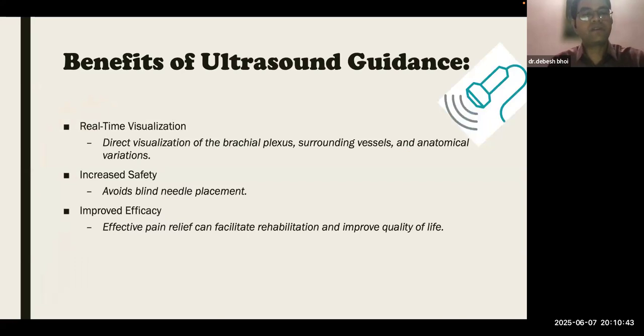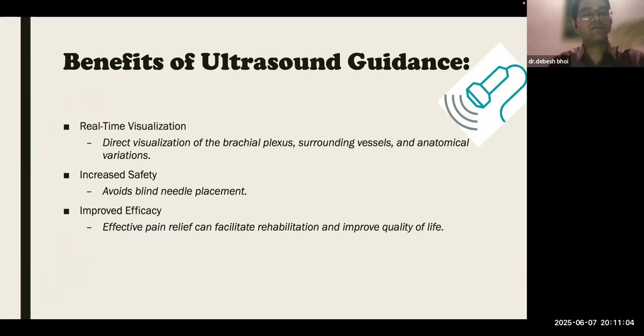So what are the benefits of ultrasound guidance? Nowadays, with the upcoming ultrasound interventions compared to fluoroscopy, ultrasound has taken a big role because there is definite real-time visualization of the structures, specifically when you are dealing with nerves or neural structures.